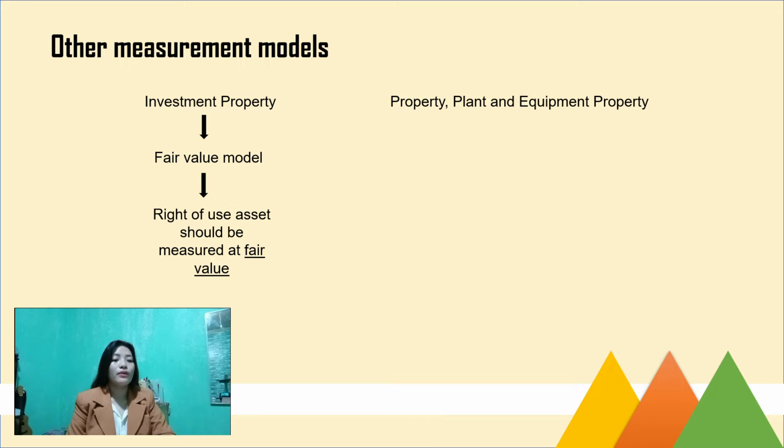So, of course, obvious naman na kapag fair value model yung in-apply mo, of course, i-measure mo siya at fair value. And sinasabi rin na once yun nga yung in-apply mo, kailangan lahat ng assets na mamimit yung definition ng investment property, gagamitin mo na sa lahat yung fair value model.